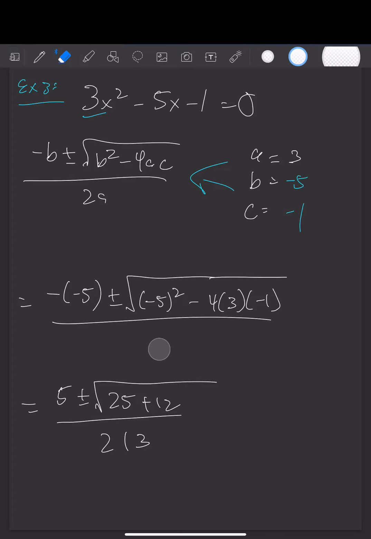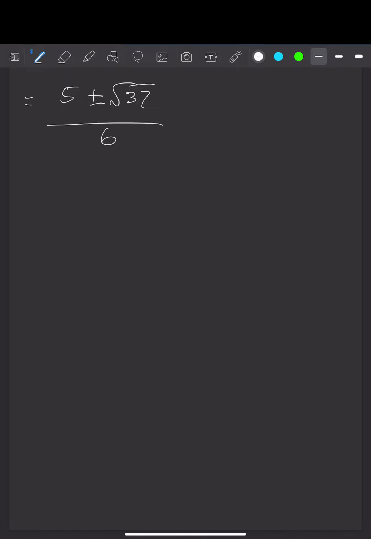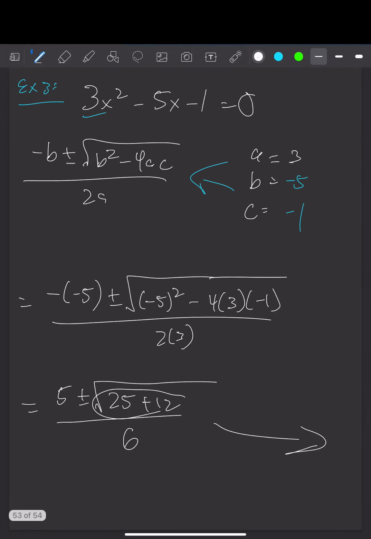Since a is 3 here, 2 times 3 turns into 6. So next page, that gives us 5 plus or minus the square root of 37 all over 6. And this is our final answer, since we just added the inside, because that's the only thing you could do.